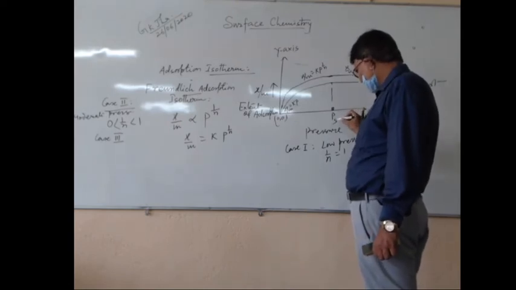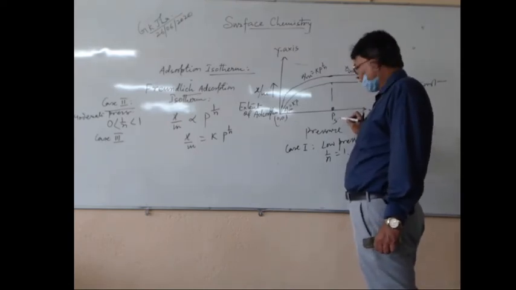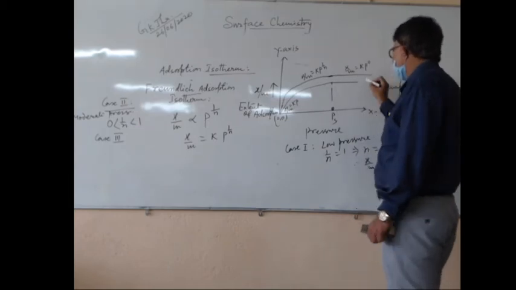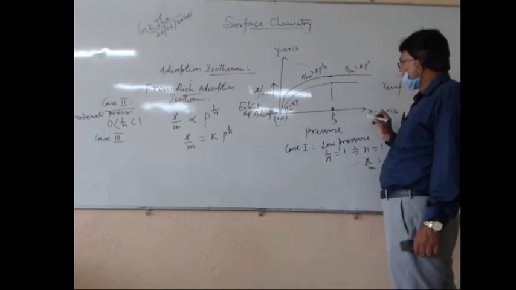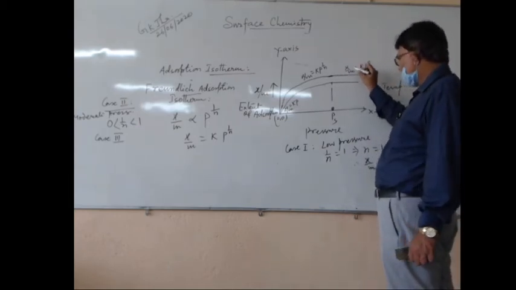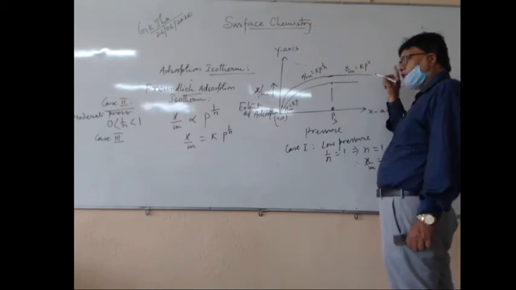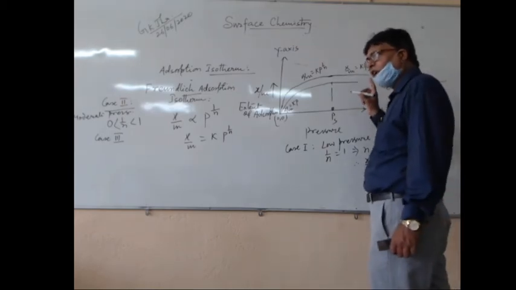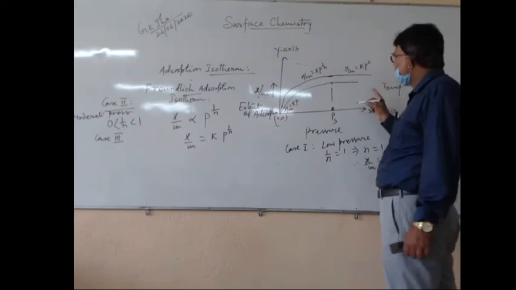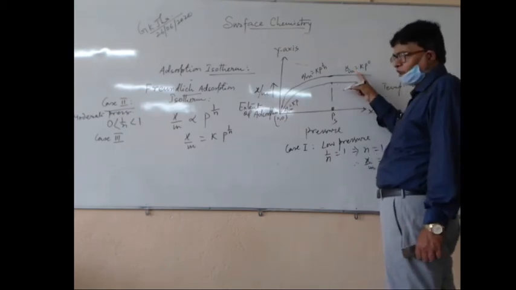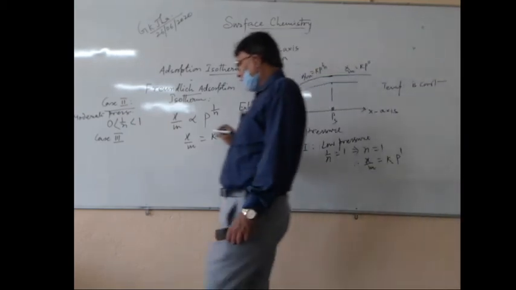So this particular pressure is known as saturation pressure, and beyond this saturation pressure, the extent of adsorption does not depend on pressure. It is independent of variation in pressure. So that is case 3.